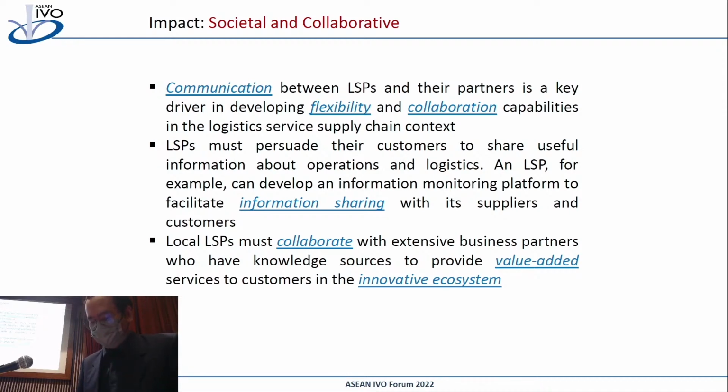LSPs must encourage their customers to share useful information about operation and logistics. LSPs, for example, can develop an information monitoring platform to facilitate information sharing with their suppliers and customers. Local LSPs must collaborate with extensive business partners who have knowledge sources to provide value-added service to customers in the innovative ecosystem.